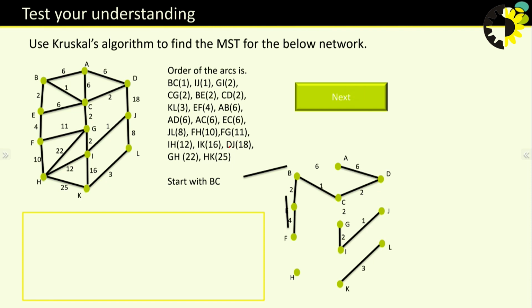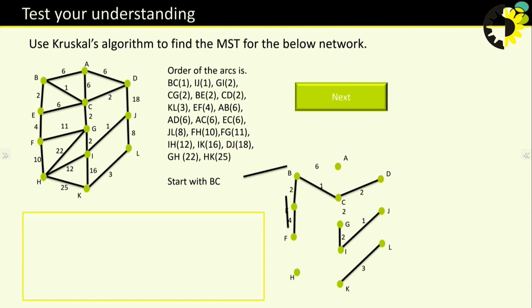Then A6. Here A6 is an option. If you want to consider A6, then you will take it. If you do not want to consider it, then leave it. Then AC, you can consider AC also. If you want to consider AC, then this is also welcome.